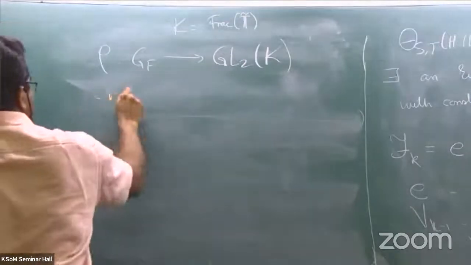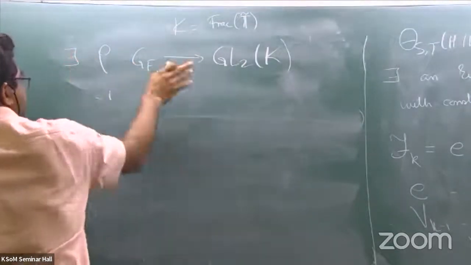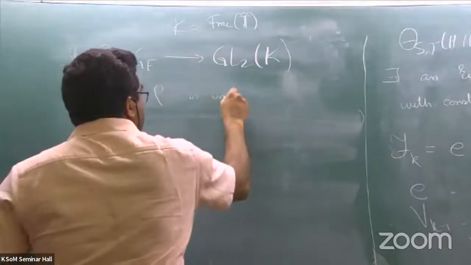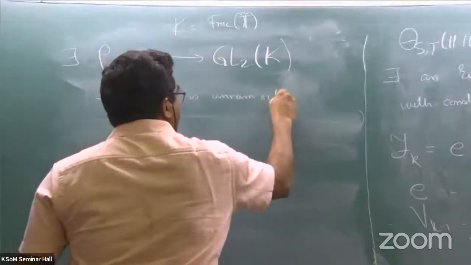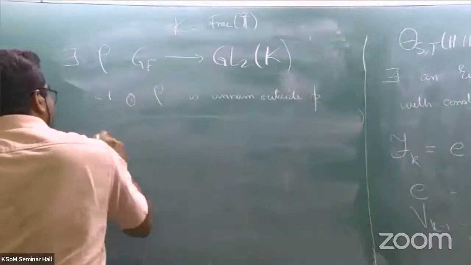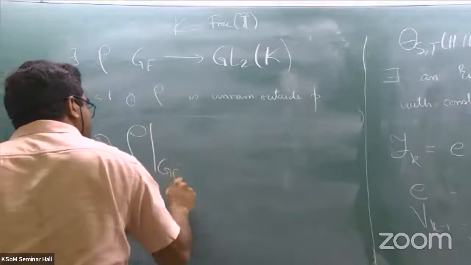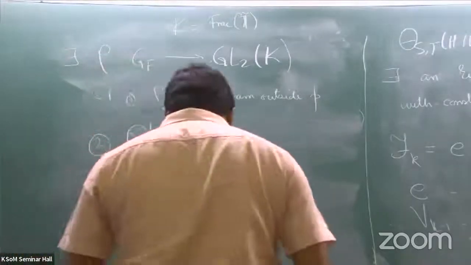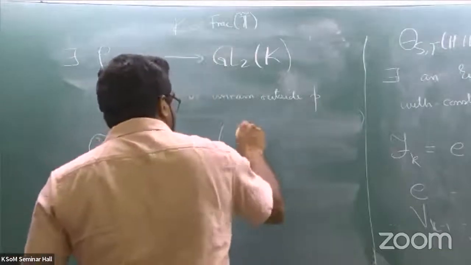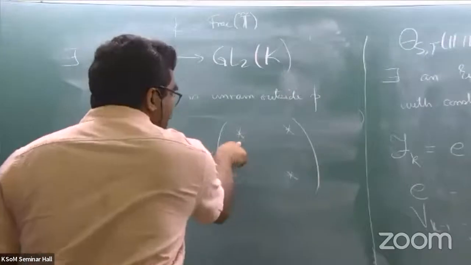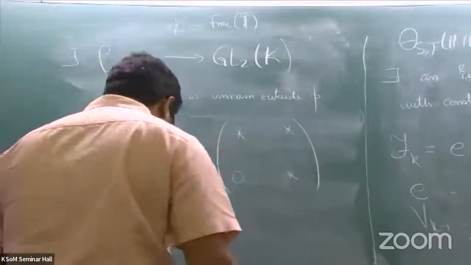So if that rho is unramified outside p, the most important condition is that when you restrict rho to decomposition groups, it becomes kind of upper triangular, and you can say precisely what these two things are.